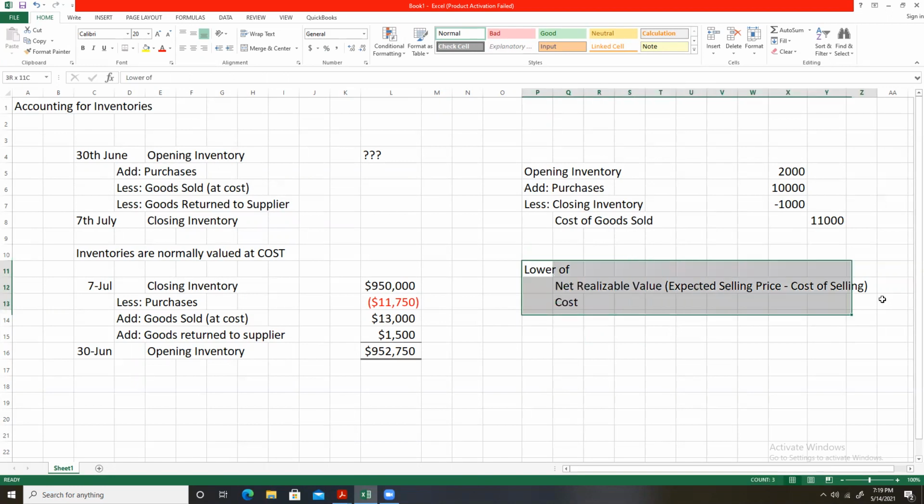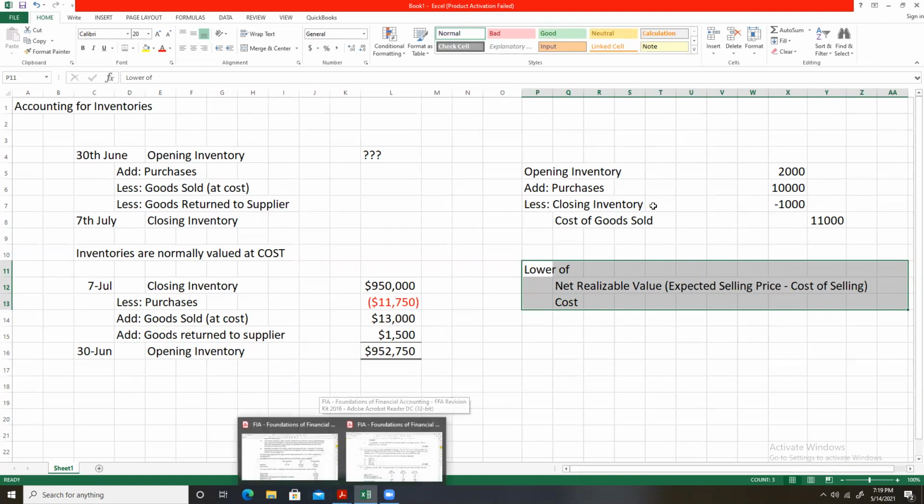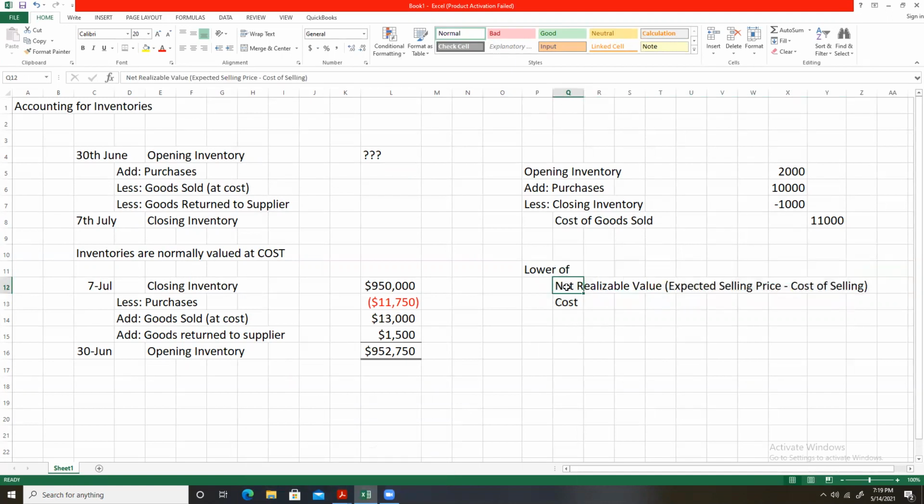This is, in fact, the main point that IAS 2 makes about valuation of inventories: inventory should be valued at the lower of net realizable value and cost.